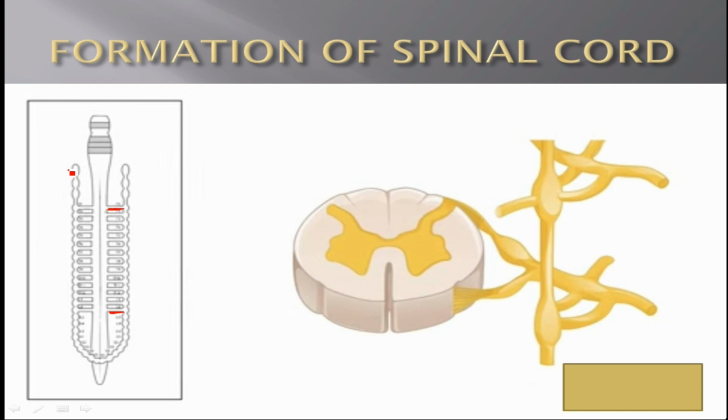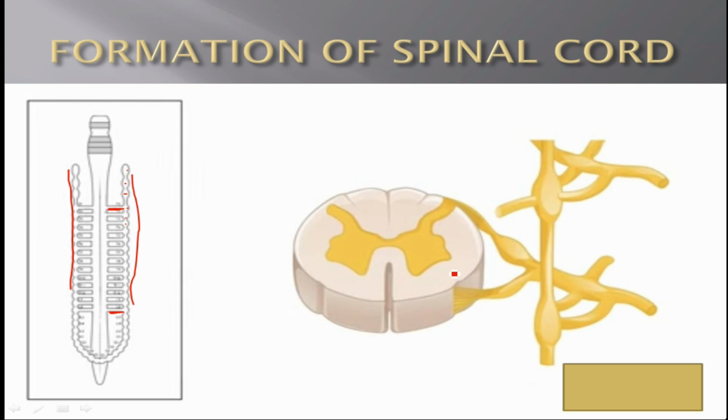The most important part: on both lateral sides of the vertebral column, there are sympathetic chains. These chains are actually chains of ganglia, which means collections of cell bodies. So these are the cell bodies which are present on both of the lateral sides of the vertebral column.